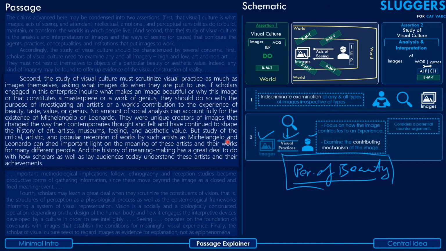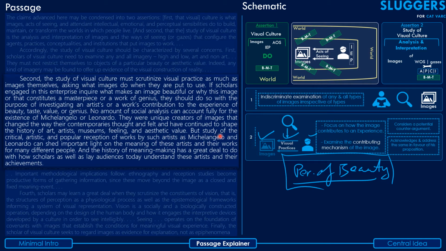But then what he does is he acknowledges this counterpoint and then addresses it in favor of his earlier position. His earlier position was that you should focus at least as much attention on the mechanism and the visual practice itself as on the image.